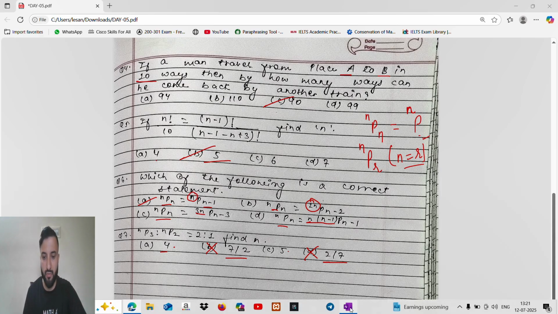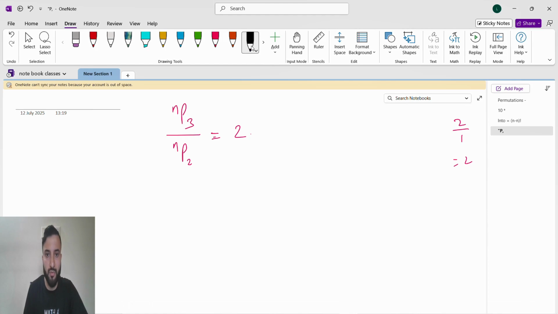Let's start with 4. 4P3 means 4 into 3 into 2, which gives 24. Divided by 4P2, which is 4 into 3, that is 12. So 24 divided by 12 gives 2, which is what we want.